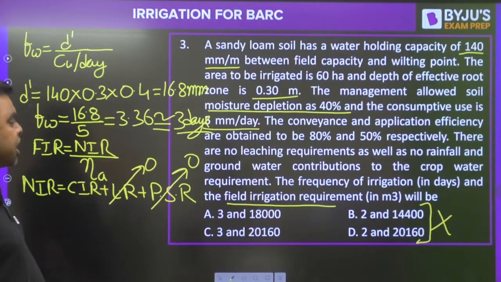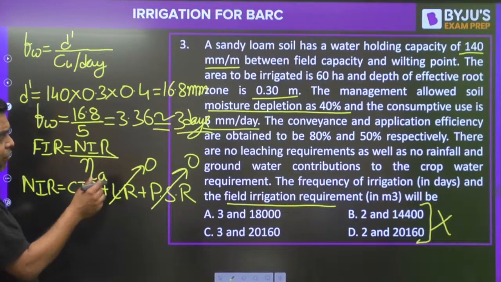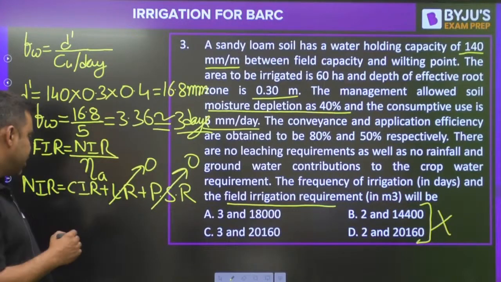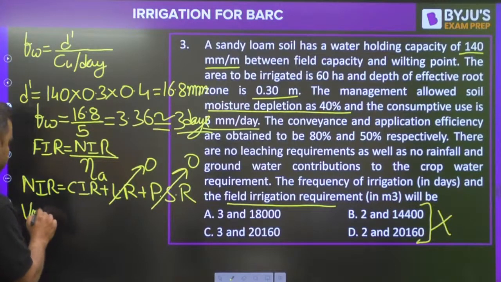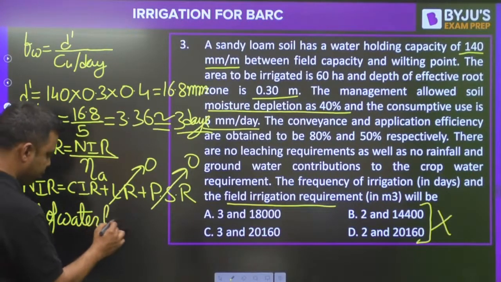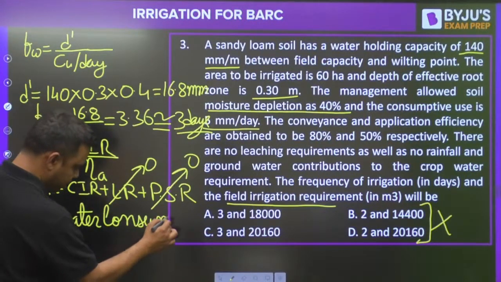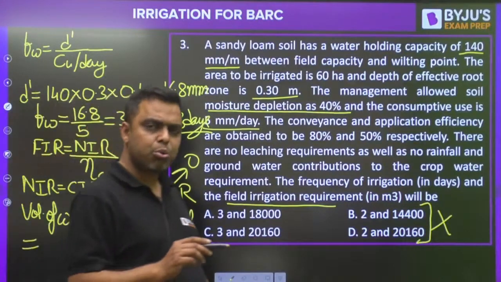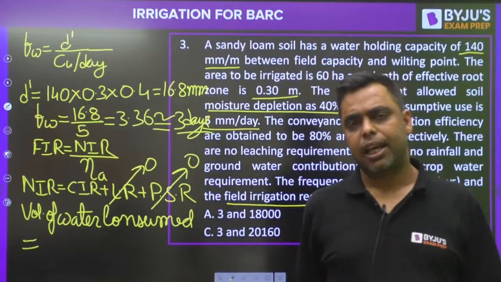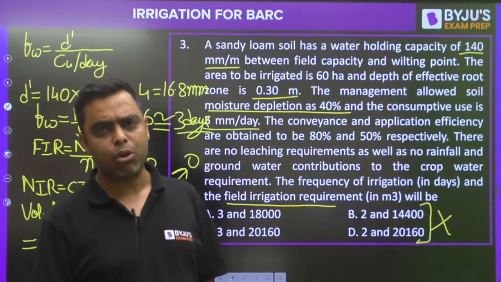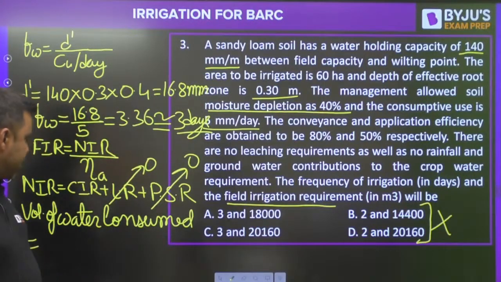So CIR. What is the total water to be consumed? We are giving the water after every 3 days, and every day the amount of water being consumed is 5 mm per day.